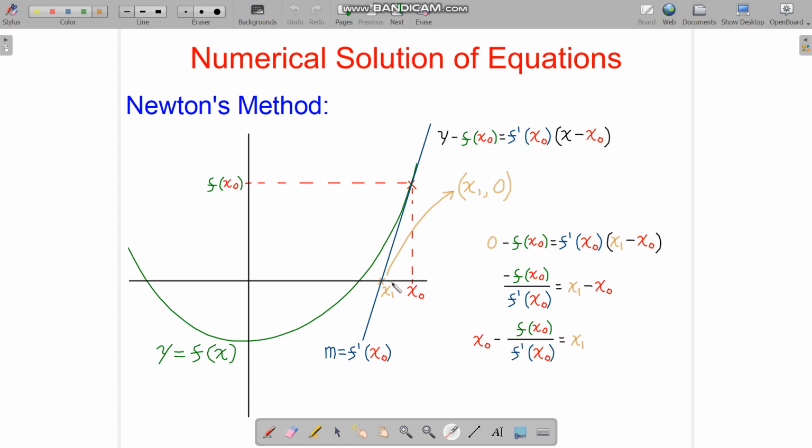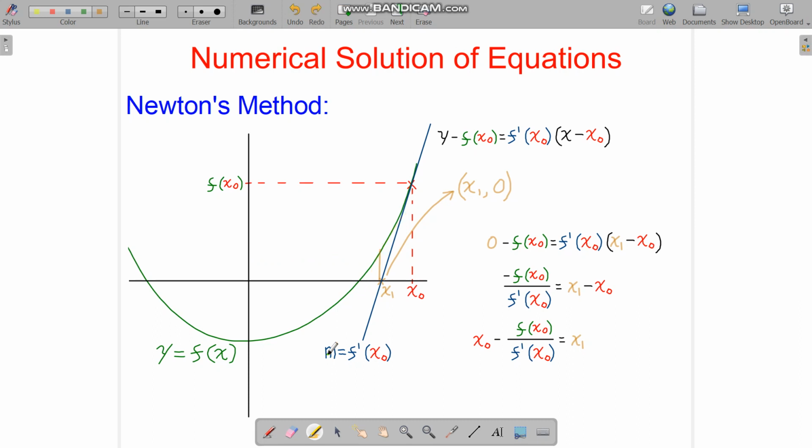So if we repeat the process from this x1, we can trace the value of x1 on the green curve here. So around here we have this point, and we can find the y value, which is f of x1, and we can draw the tangent line again.